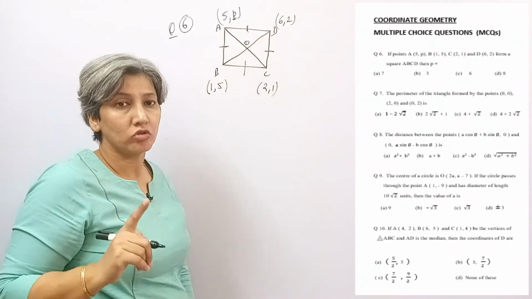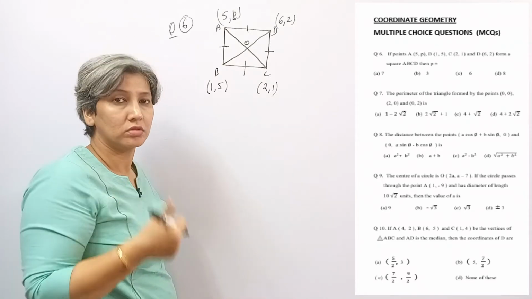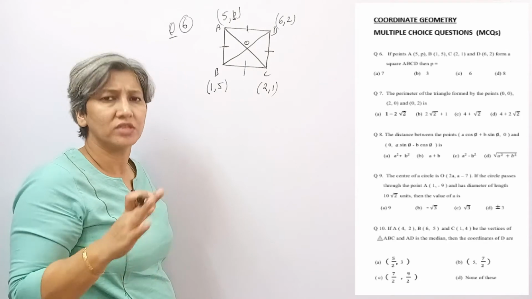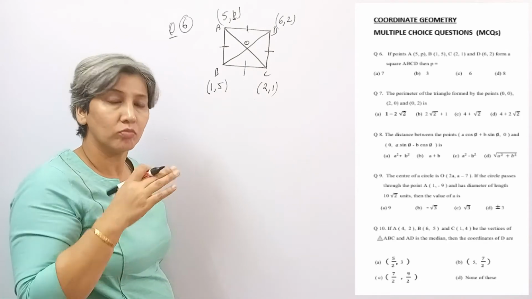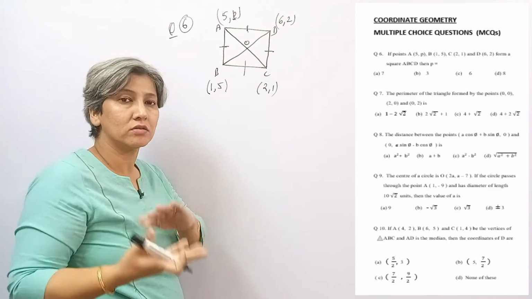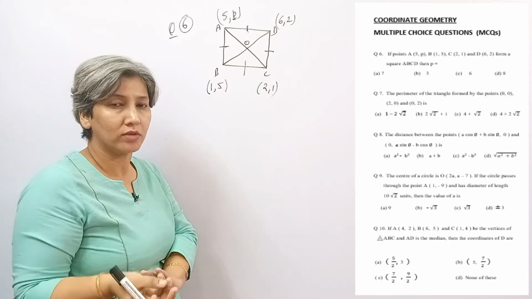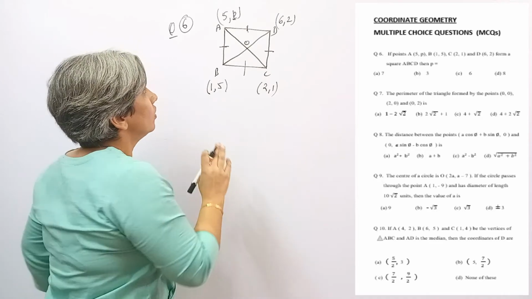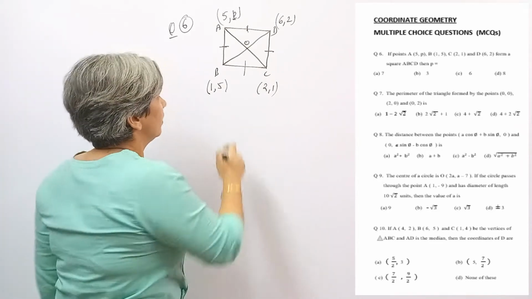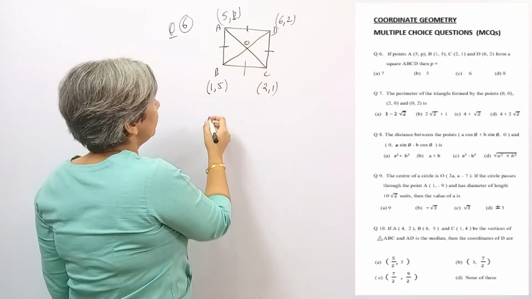So whenever you have a choice to use distance formula or midpoint formula, always go for the midpoint formula or section formula. Why? Because it is simpler. Distance में अंडर रूट स्क्वायर होगा तो कैलकुलेशन थोड़ा ज़्यादा होगी, टाइम थोड़ा ज़्यादा लगेगा MCQs में. So whenever there is a choice, go for the section formula. Midpoint is very simple.